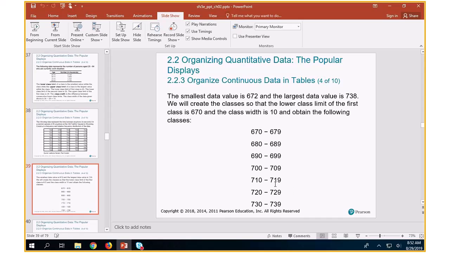The midpoint, or the mid-range, is your lower class limit plus your upper class limit divided by 2. You average the two numbers. 670 plus 679 divided by 2. So write that down as an example.